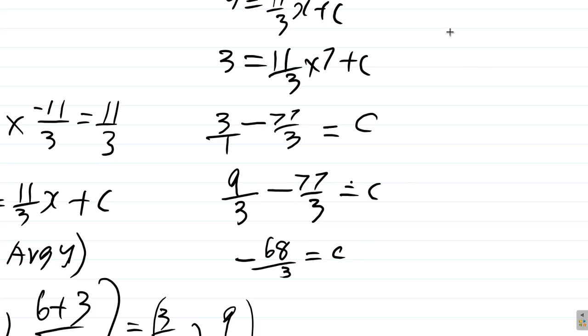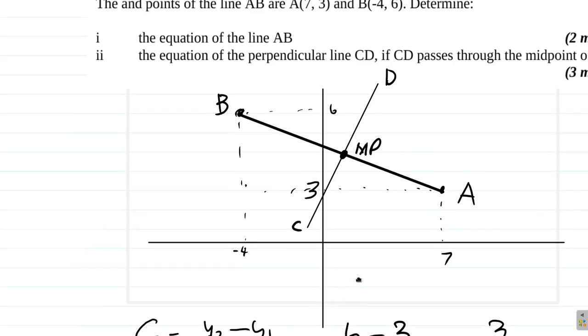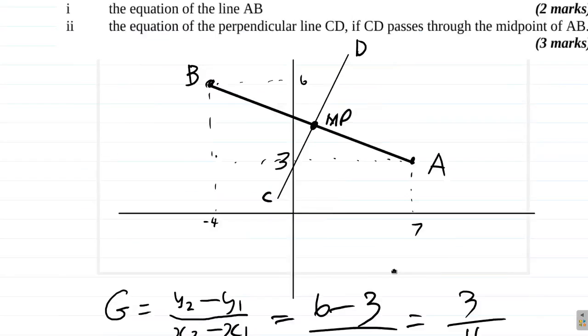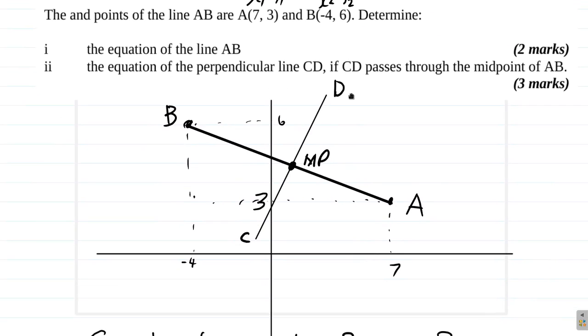So the equation of the line would be y is equal to 11 over 3x minus 68 over 3. Right. Lucky thing I look back up and say let us review what we did earlier. That was an oversight from what we did earlier. Alright, so that's it for now.